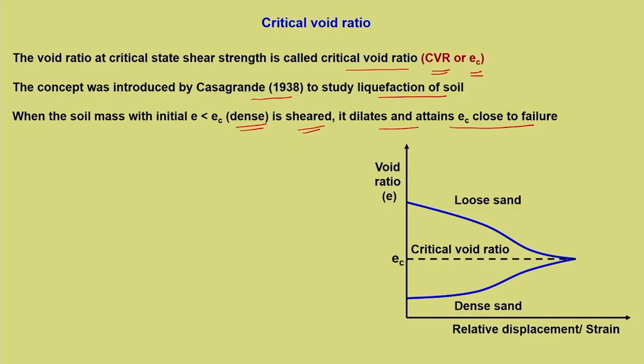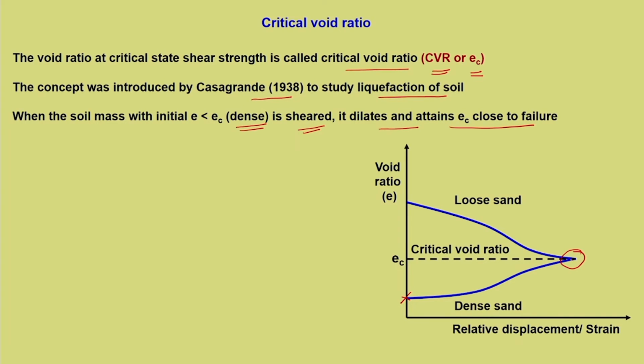So, this is what it is. This is void ratio on y axis, relative displacement or strain on x axis. So, initial void ratio is less than EC, and this is the dense state of the sand or soil, and when it is sheared, it dilates and it reaches a constant void ratio, which is known as critical void ratio at this point.